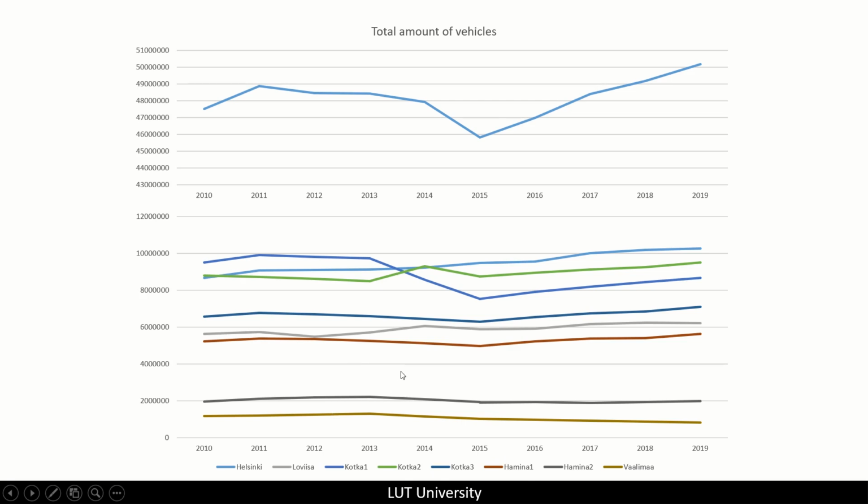It seems like more or less it stays the same, but in Kotka, I think the first was from the west side of the city, and it has been dropping and hasn't recovered yet, and the others have taken over.